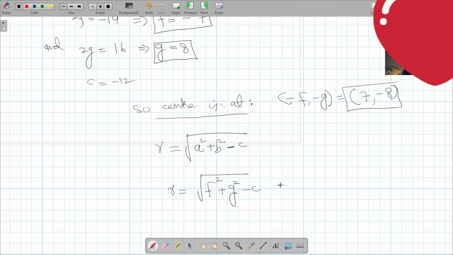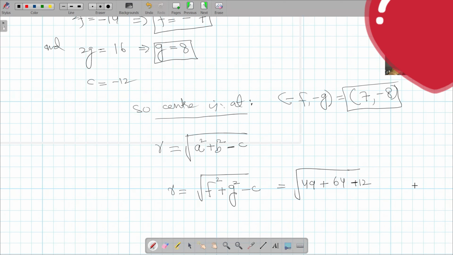Now we know everything. F is negative 7, so 7 squared will be 49, and g squared is 64, and c is negative 12, so it will be positive 12. Got it.